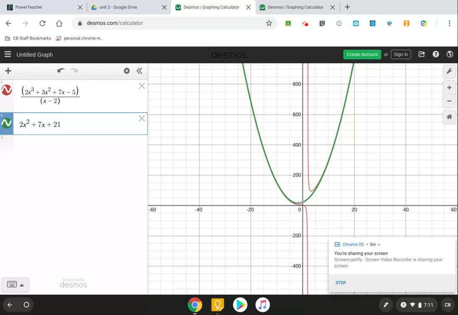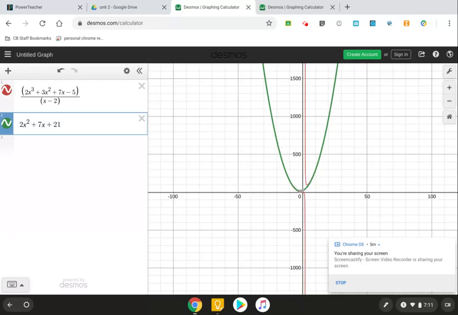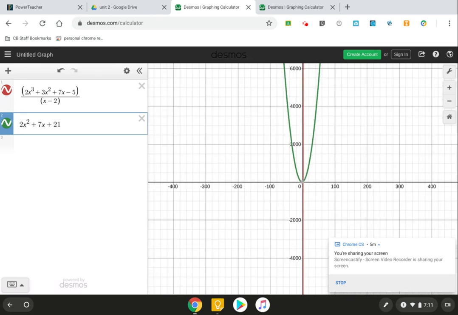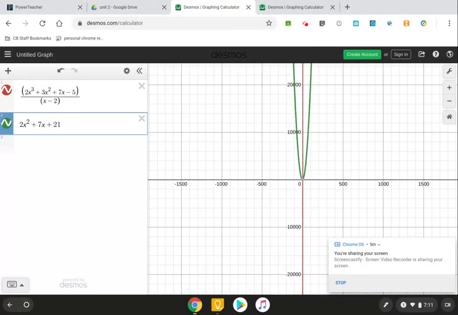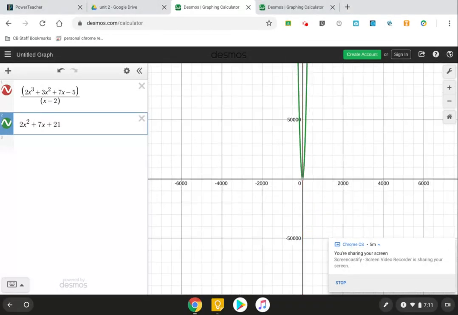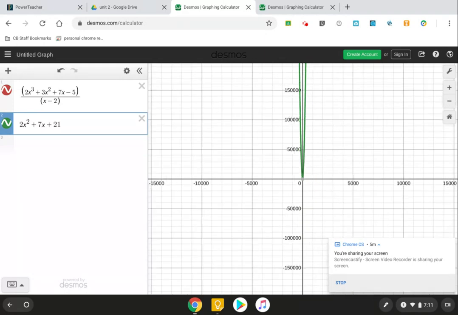Obviously, those graphs are different. But if I zoom out, notice the green graph and the red graph are clearly different. But the more and more I zoom out, hopefully you notice that those graphs will start to look closer and closer together.